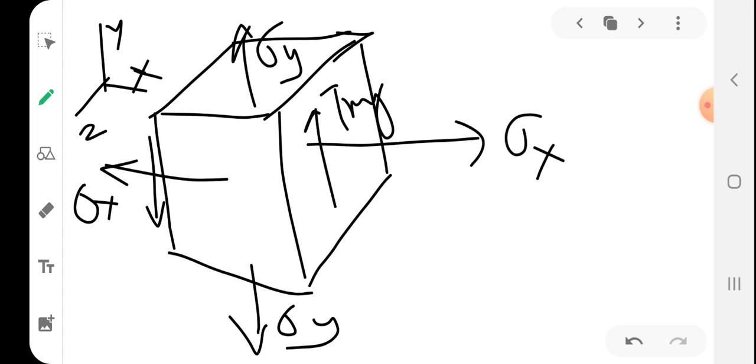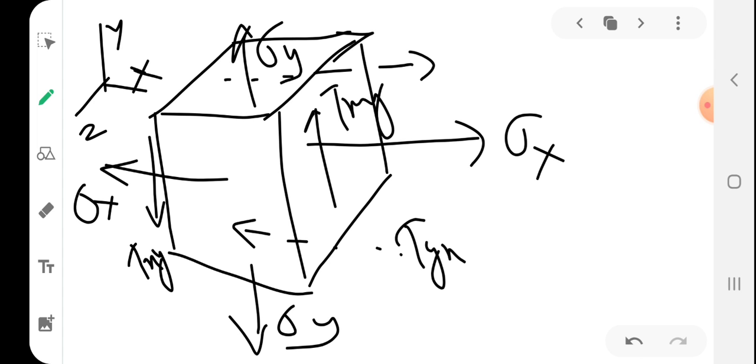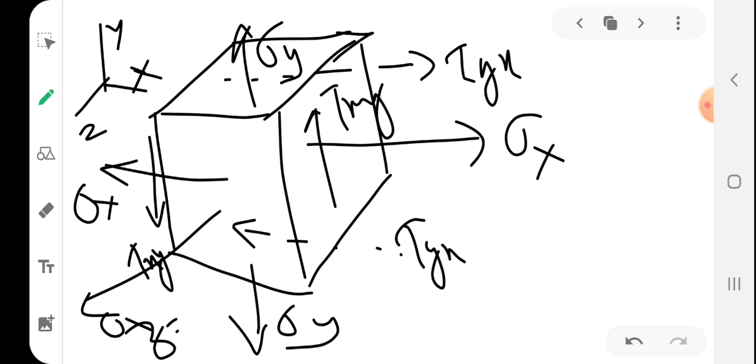Similarly on the other side also tau xy is there. Similarly in this direction, this is again tau yx, and this is tau yx. So this is the state of stress we are considering here. No value for sigma z, so sigma z equals 0. Similarly, there is no value for shear stress in the zy plane.